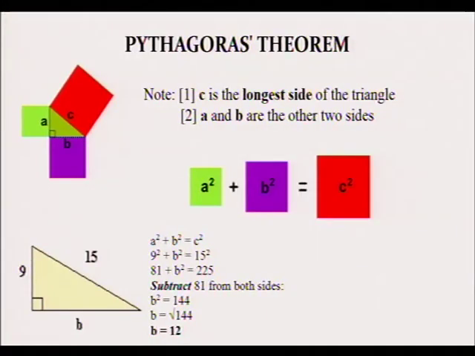Pythagoras theorem, again, this presentation is self-explanatory. In Pythagoras, C is the longest side, which we call hypotenuse. If you find some textbooks, they will give you that the longest side is called the hypotenuse. A and B are the other 2, shorter sides.